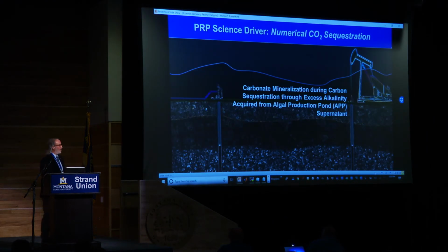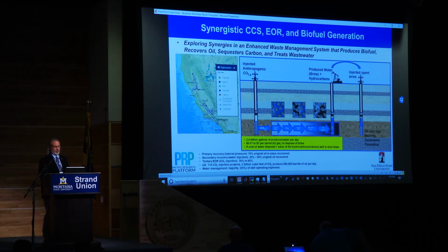All right. So that's benchmarking. Now I want to talk about how I'm using the PRP network for an actual research project. We're looking at enhanced mineralization during carbon sequestration by using a concept called excess alkalinity. I'll talk to you a little bit about that.